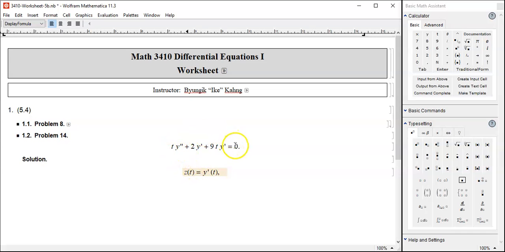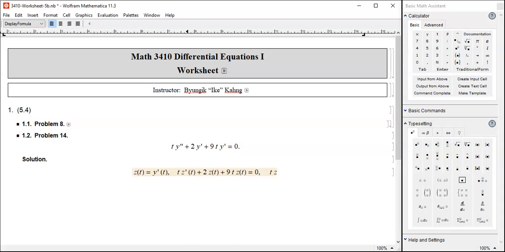Because you see, this looks like a second order equation, but actually it's first order. If you take z as y prime, then y double prime is just z prime. So we get t times z prime of t plus 2z of t plus 9t times z of t equal to 0 as my differential equation.